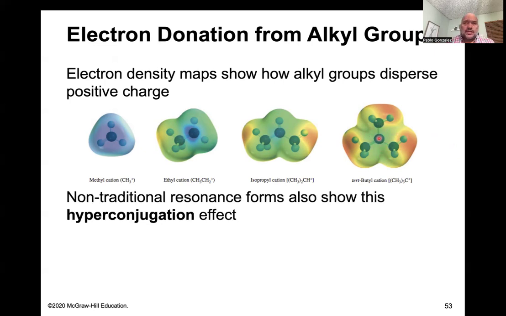One of the explanations for this behavior, in a non-traditional resonance form, also shows this hyperconjugation effect. So it's basically hyperconjugation that stabilizes those carbocations through those alkyl groups. And how does this happen? Basically, we have here a carbocation with an alkyl group that has hydrogens.